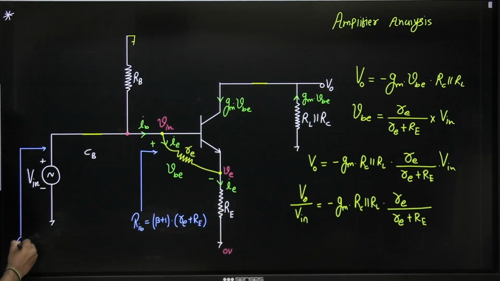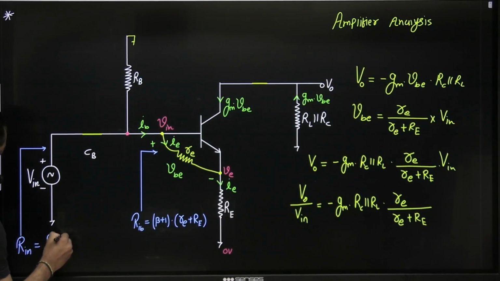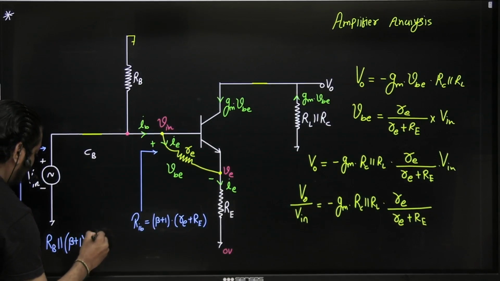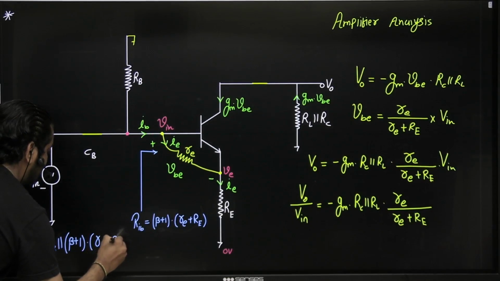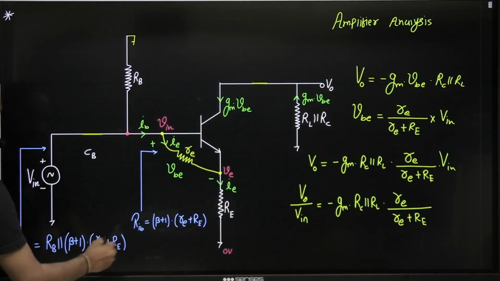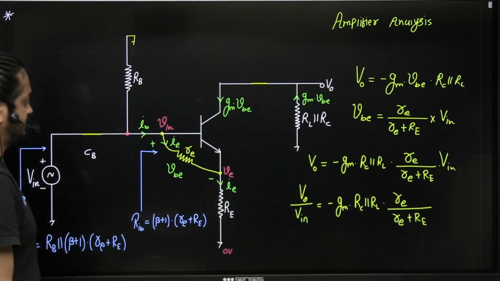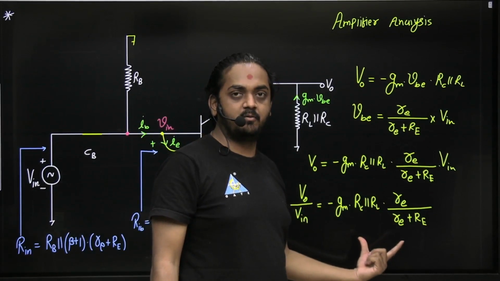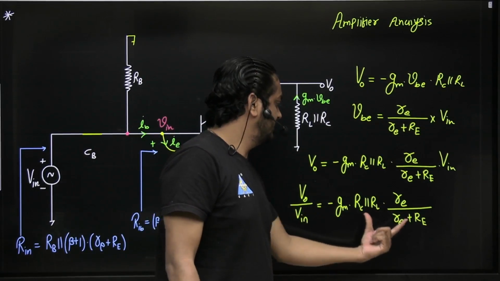So finally the resistance seen from the input side is RB parallel (beta plus 1) into (small re plus capital RE). So there is an increment in the input resistance without bypass capacitor, and a decrement in the voltage gain. Voltage gain is reduced significantly.